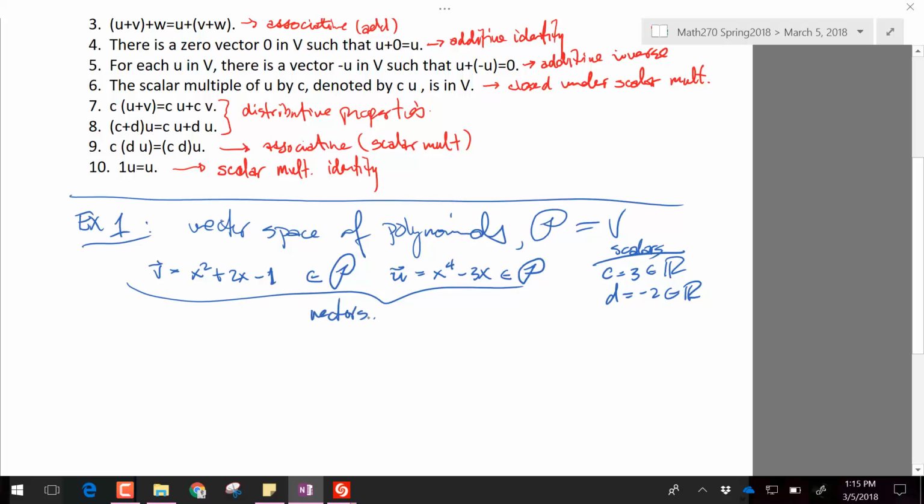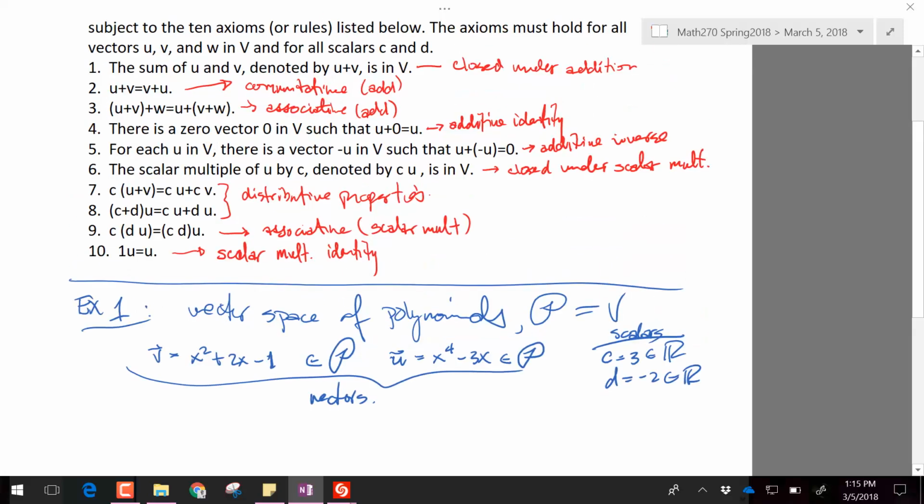So you can run through all these properties. If you add these two vectors, if you add these two polynomials, you're still going to get a polynomial. Is that right? The polynomials, you can switch the order, or you can associate three polynomial functions.